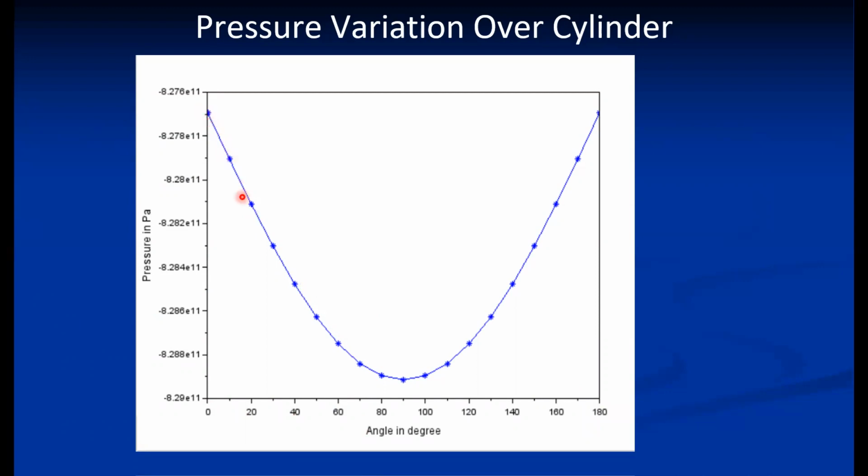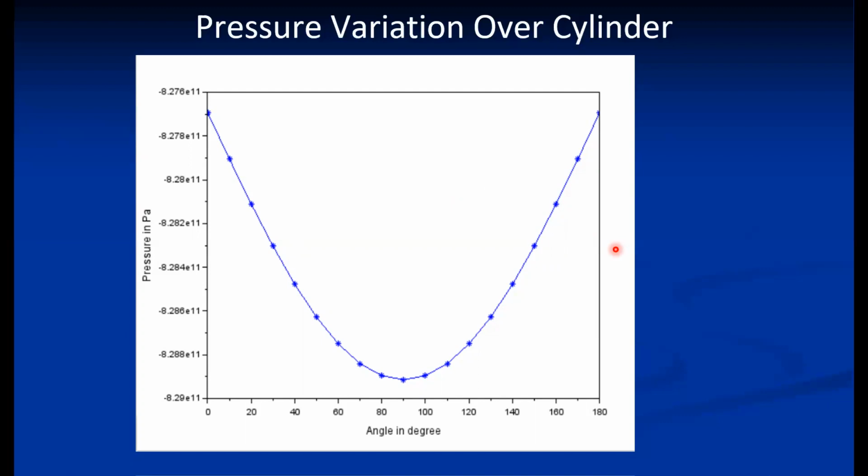There is a continuous decrease of pressure, which we already saw in the theory part, that is how the boundary layer develops over the cylinder. So pressure decreases during the converging portion, and achieves the lowest value at 90 degree. And then the pressure increases. It's a symmetric pattern because viscosity is not considered here.